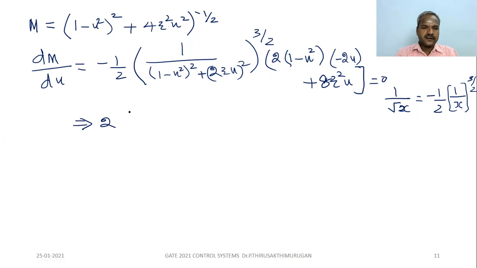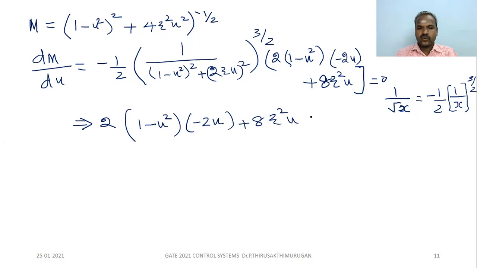So 2 into (1 minus u square) into minus 2u plus 8 zeta square u equal to 0.